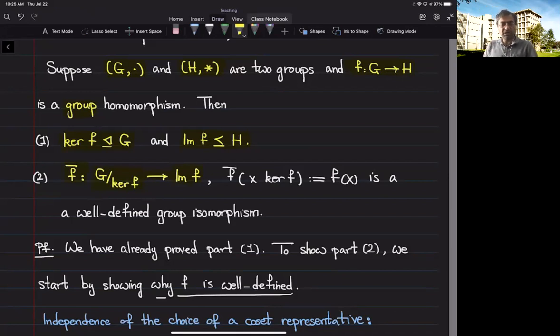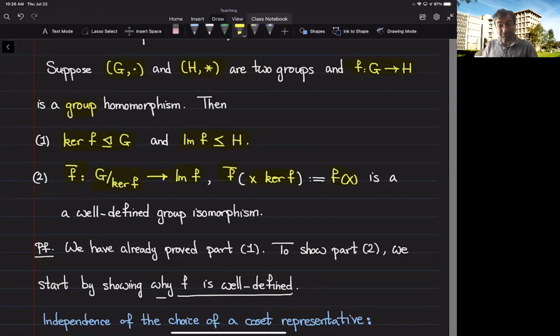I mean, it's not a unique one, but we can give an isomorphism from this quotient group to the image of F. So what is that F bar? F bar sends the coset that's represented by X to what F does to the coset representative.